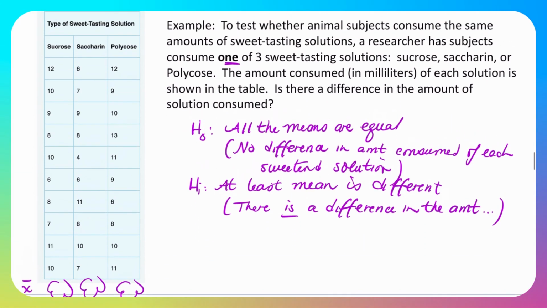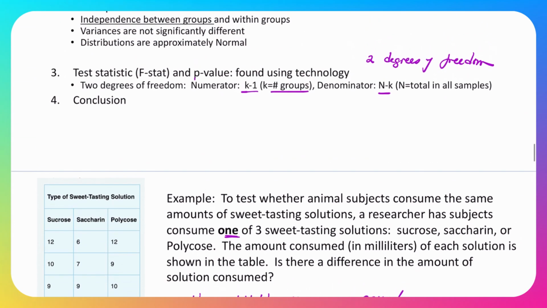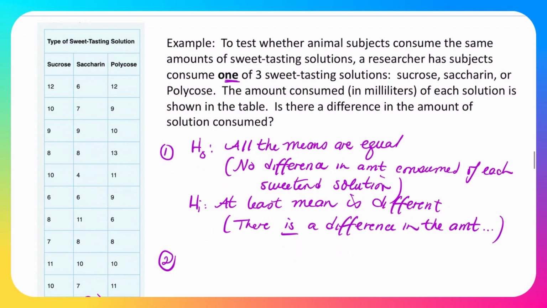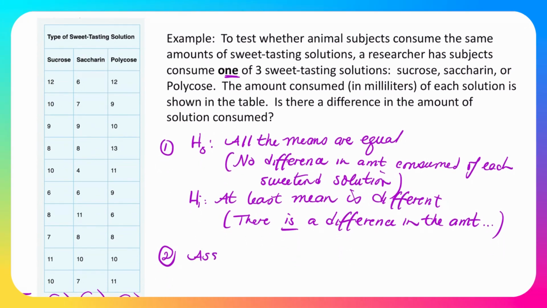Okay, so there's our first step. For our second step, our assumptions, we're going to assume that they're all fine. So we're going to assume assumptions are met, because if they're not met, we don't have any other method to try.